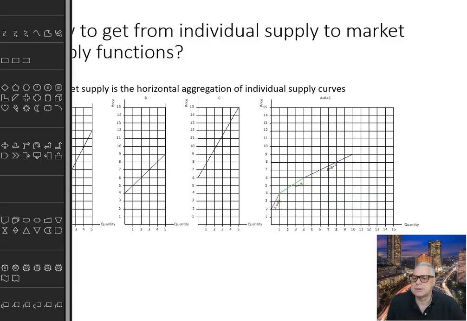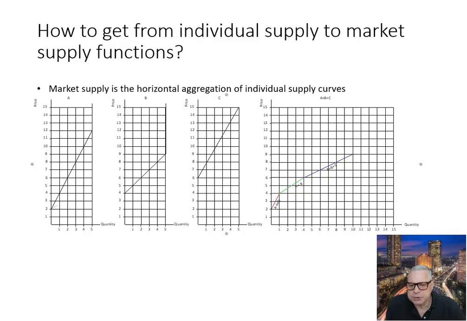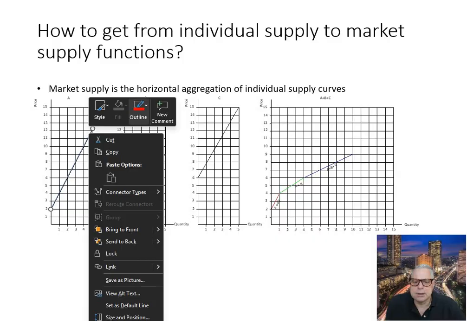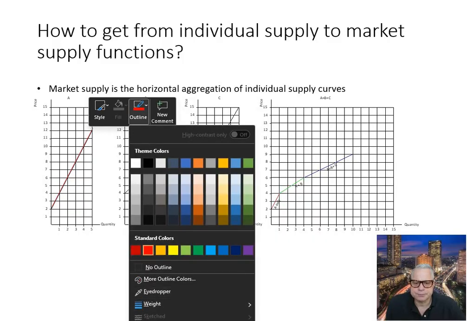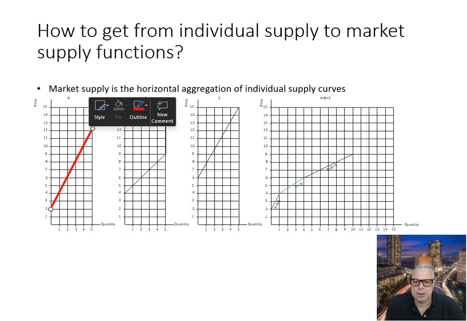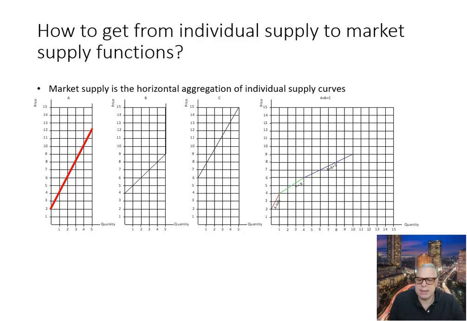So let's start with the first one. So we have a supply function which goes from here, and let's make it a little bit bigger. Okay, so obviously producer A is able to sell at a price between 2 and 4 a quantity of up to 1.